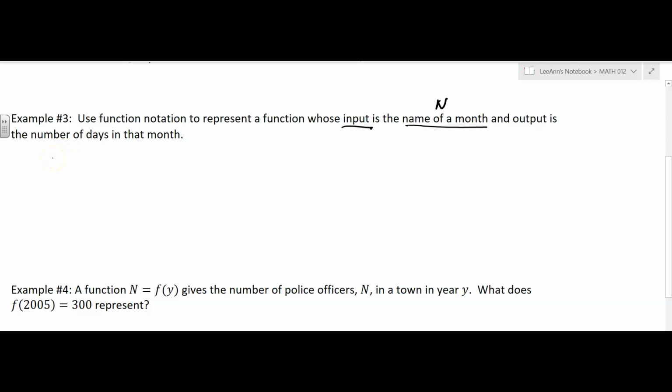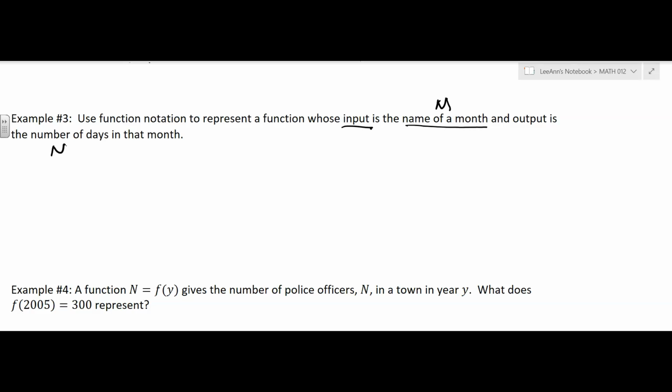Okay, so I guess I'll make m the month and n the number of days. Okay, so you give me a month, you got 12 of them, say you say April, then I would say 30, right? So if the input's the month April, then I know how many days are in April. The output would be 30, and that would be an ordered pair, okay?